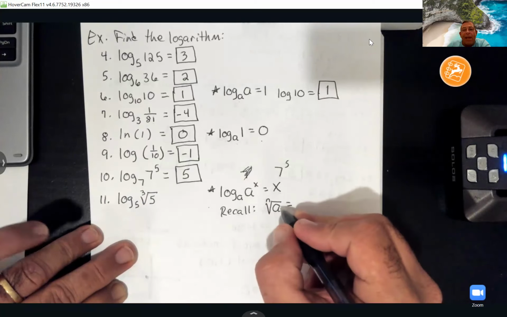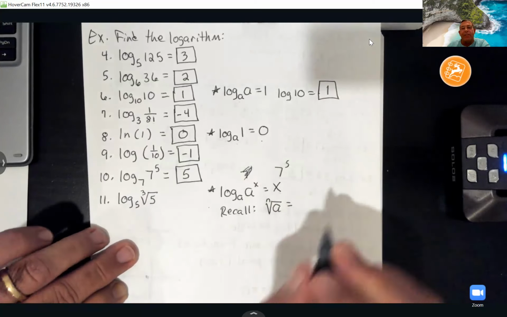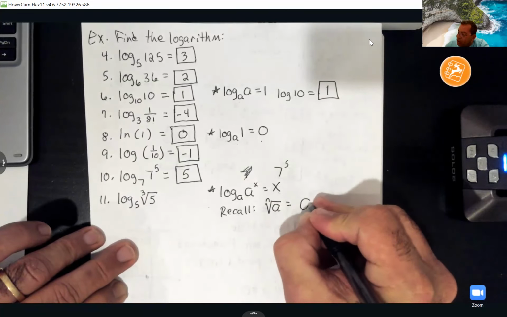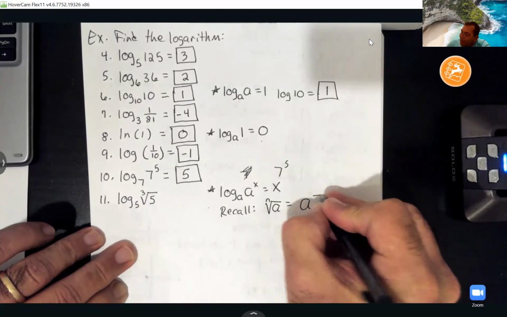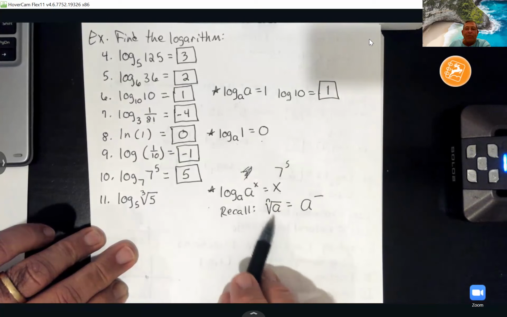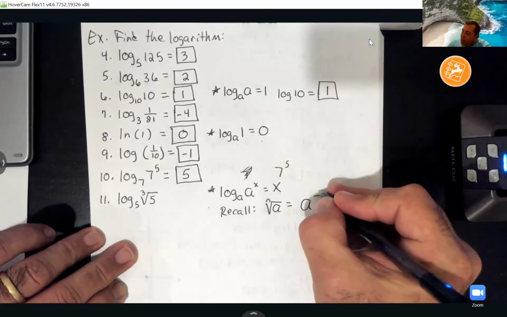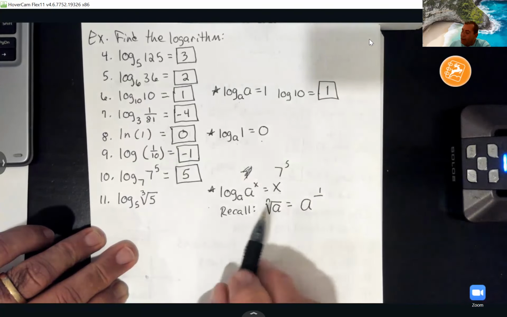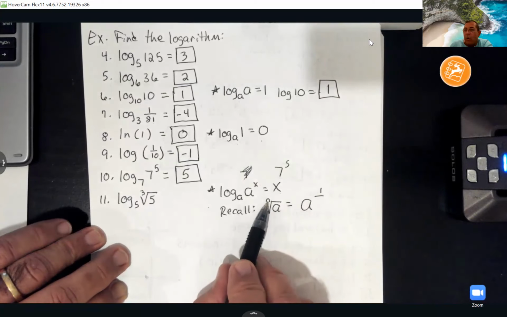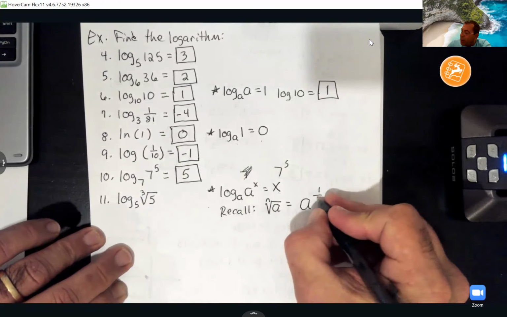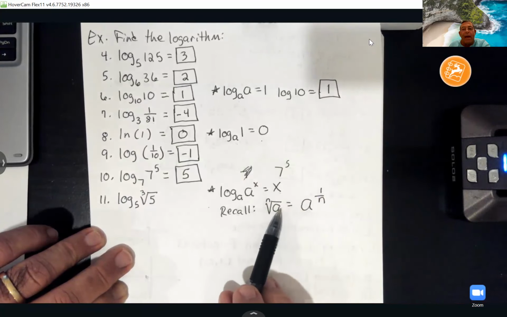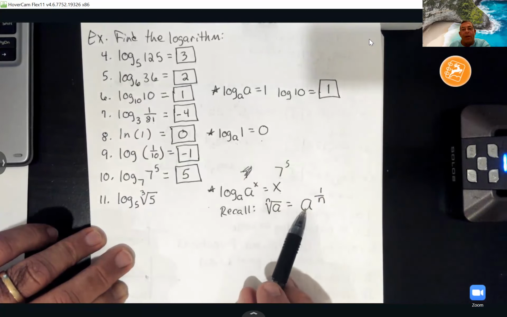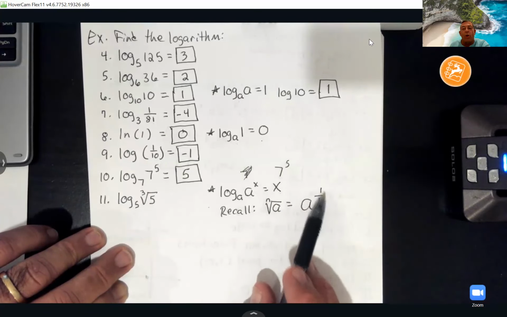We can rewrite radical expressions as fractional exponents. Since there's no exponent on the a, the top number will always be a 1. The index, or the root, goes to the bottom of the fraction. So the nth root of a can be rewritten as a to the 1 over n.